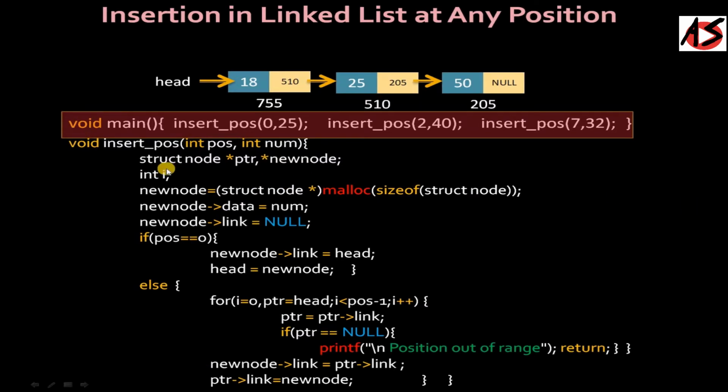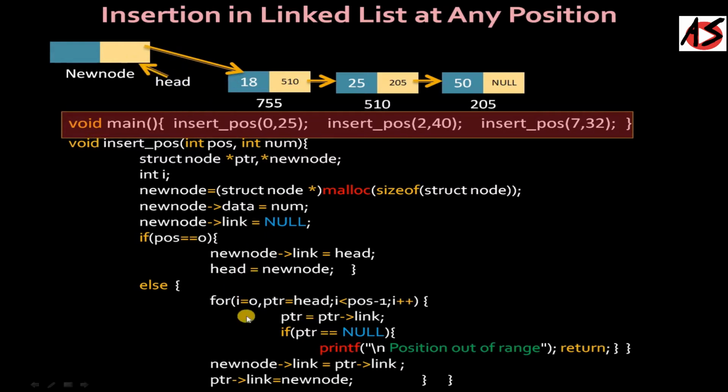In this linked list, head is pointing to the first node, and if you want to insert the element at 0 position, this code will execute. So you have to update the new node link to the head, that is the starting node, and drag the head pointer to the new node.